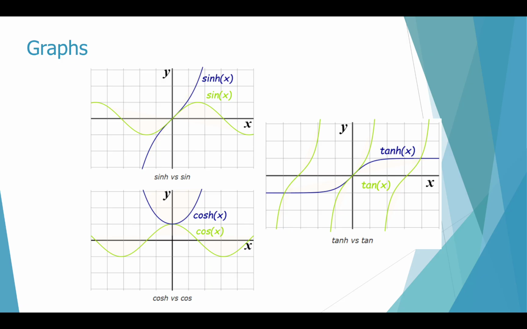So sine of x is a wave, and that's in this color, right? It's a wave function. Sine looks more like a tangent function in this case. Cosine, again, another wave, except this time we don't go through the origin. And then the secant is going to do that, right?